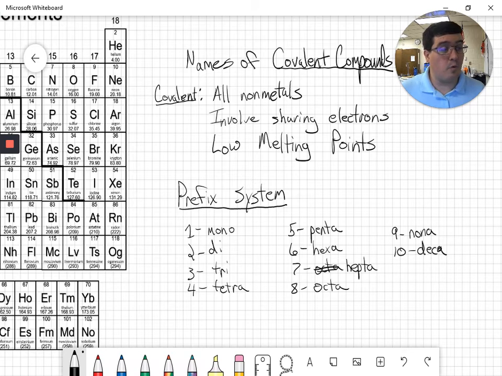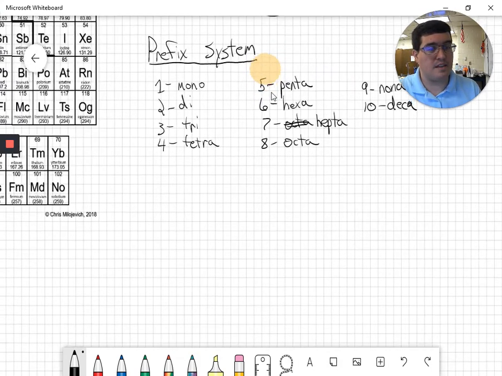You may have heard these before in geometry, for example. You've all heard of a triangle, I'm sure. A pentagon, a hexagon, an octagon. All these prefixes come from Greek words, and they all mean basically the same thing.